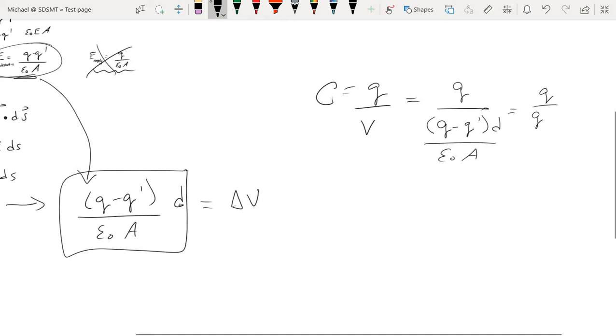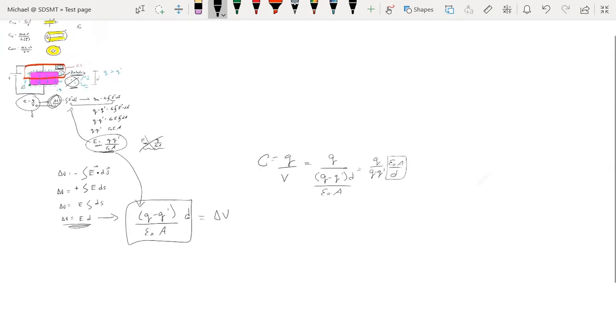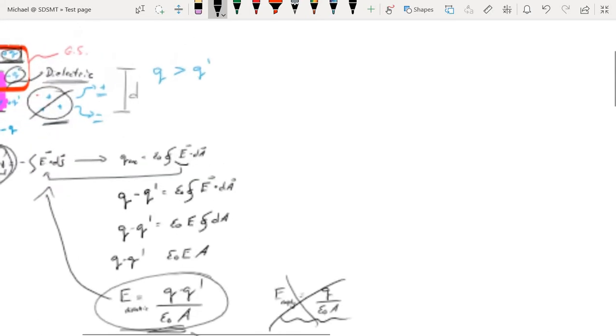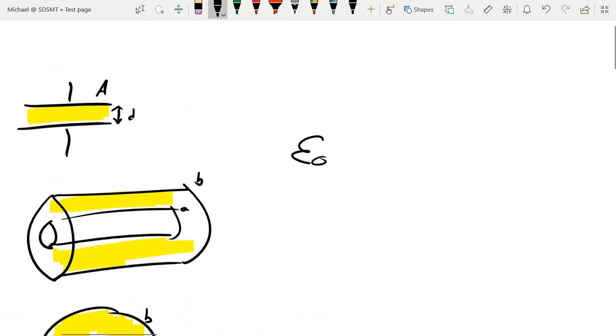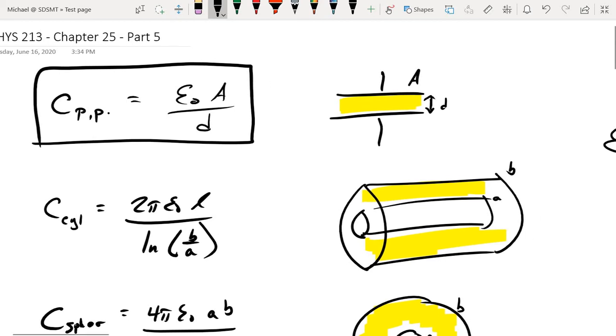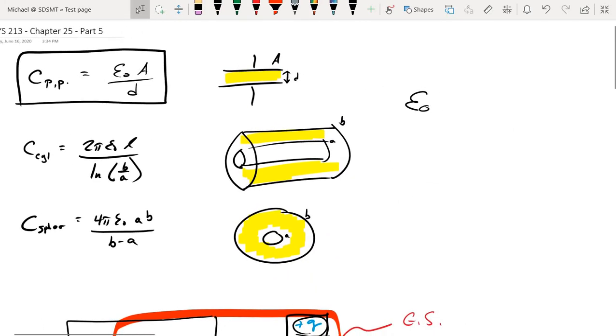What happens as a result of this is that we still get the same sort of generic outcome as what we had before. So if we take this expression that we got for the dielectric capacitor, and compare that against the expression that was derived for the empty parallel plate system, well, this is the empty plate system.